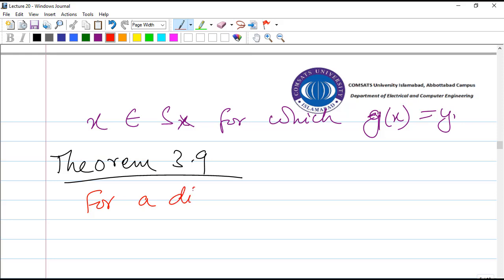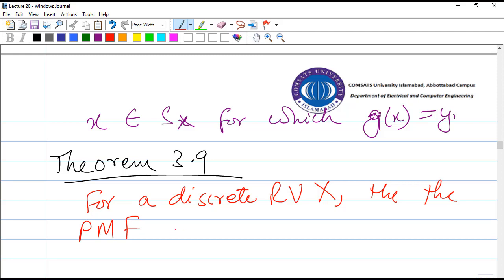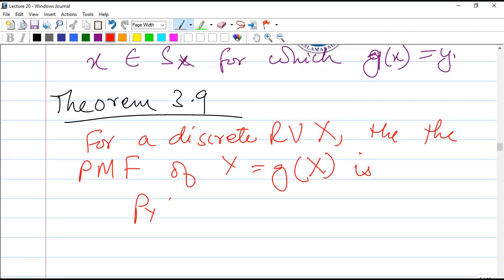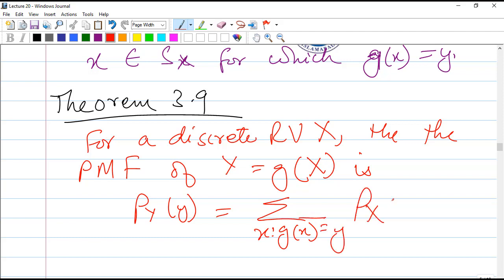For a discrete random variable X, the PMF of Y is equal to g of X is P_Y of y, which is equal to the summation over x such that g of x is equal to y of P_X of x.